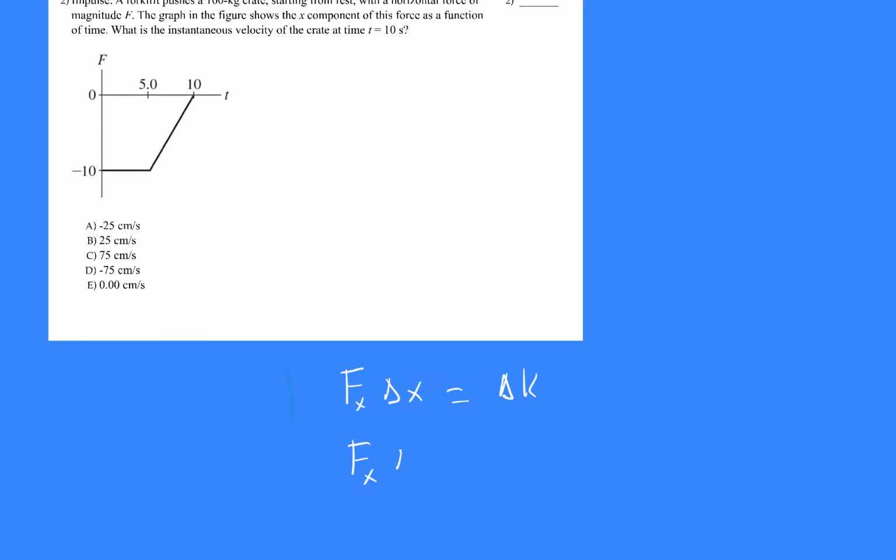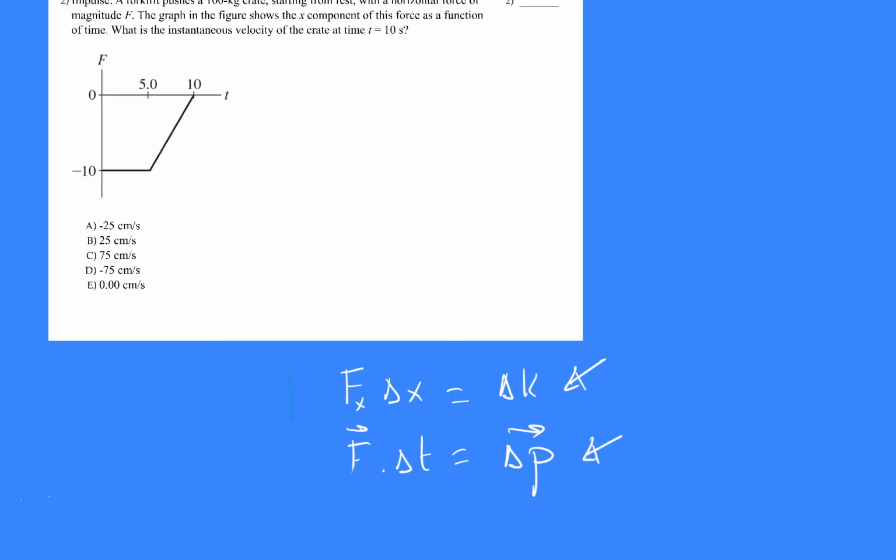But the force acting over time produces a change in momentum, so they have a vector here. Let's write it correctly. The force F acting over the time delta t produces a change in the momentum. This is a vector equation, and the other is a scalar equation.